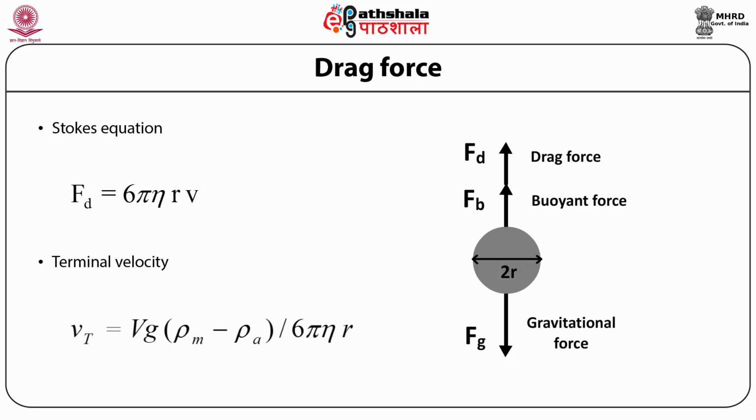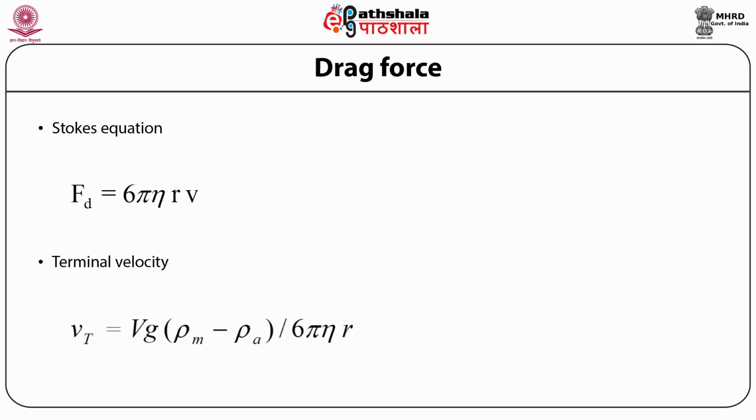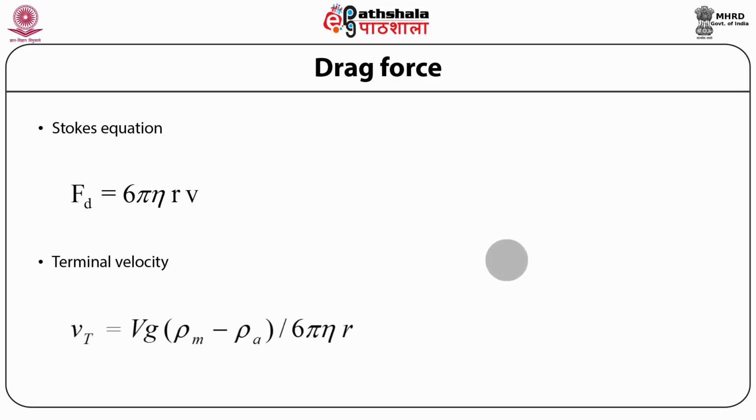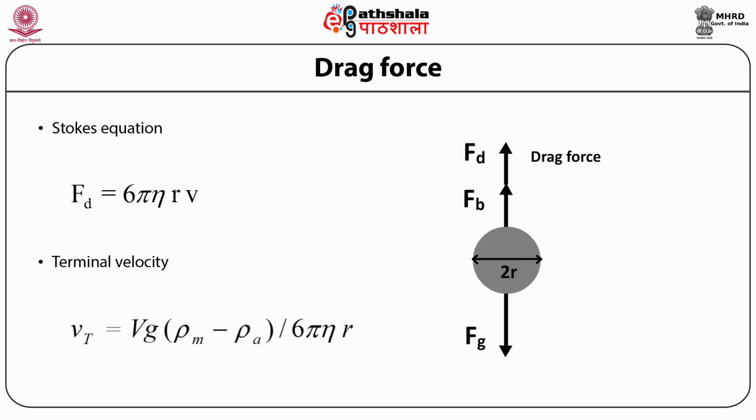In this picture you have the object with velocity v moving down towards Earth with the gravitational force Fg acting on it, and it has density rho m as compared to rho a for the fluid or air. Because this is the motion of an object in a fluid, there is a buoyant force opposite to the direction of the motion, and there is also a drag force because of the flow of the fluid.